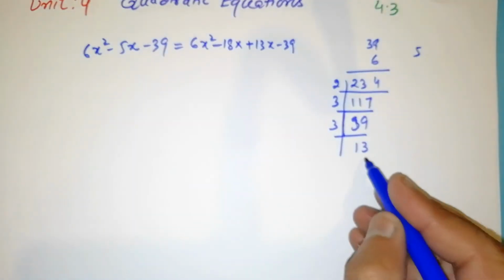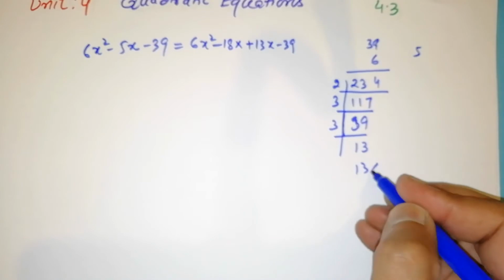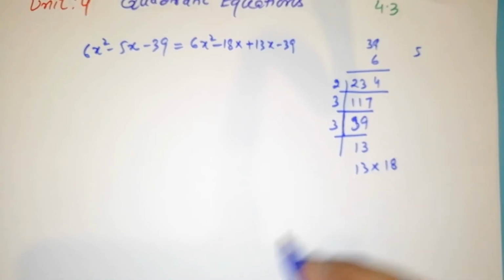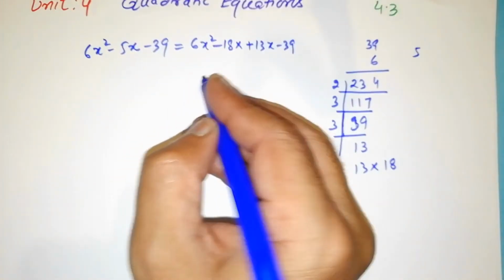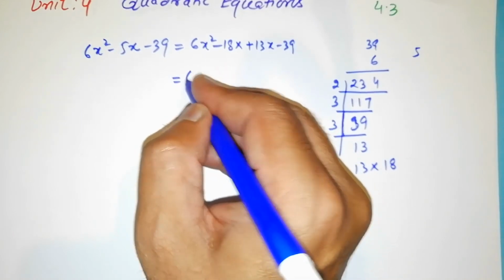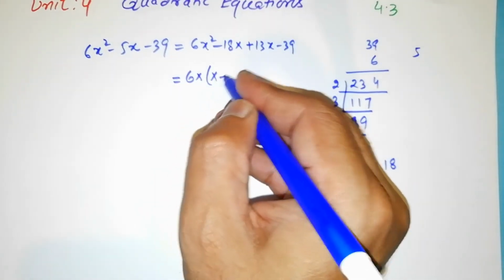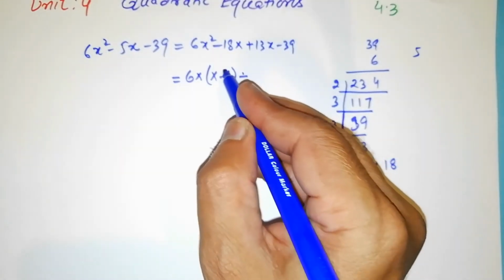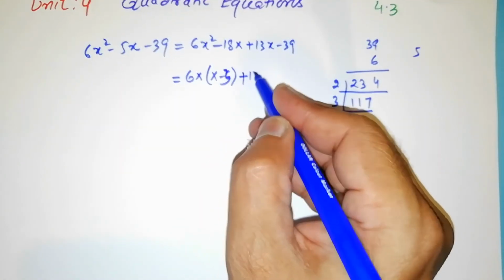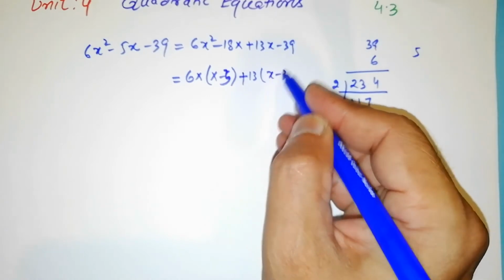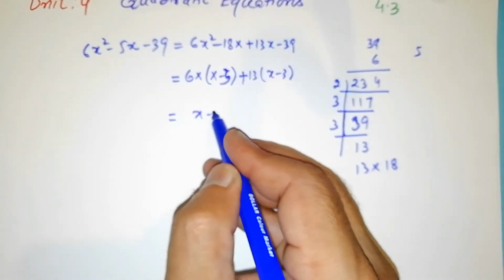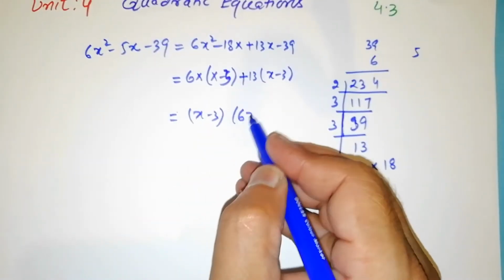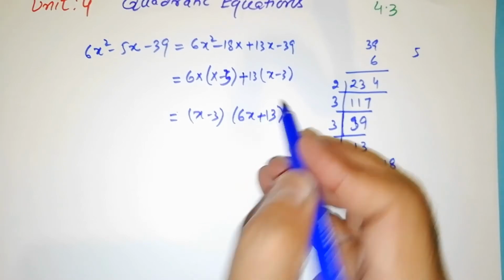This will be, from here we see 13 into 18. So 6x common निकाल लें, x minus 3 and plus 13, अगर आप कॉमन निकालें तो x minus 3, which gives you x minus 3 and 6x plus 13.